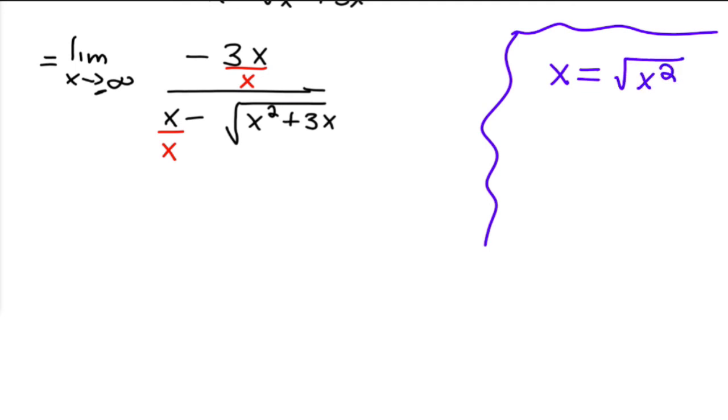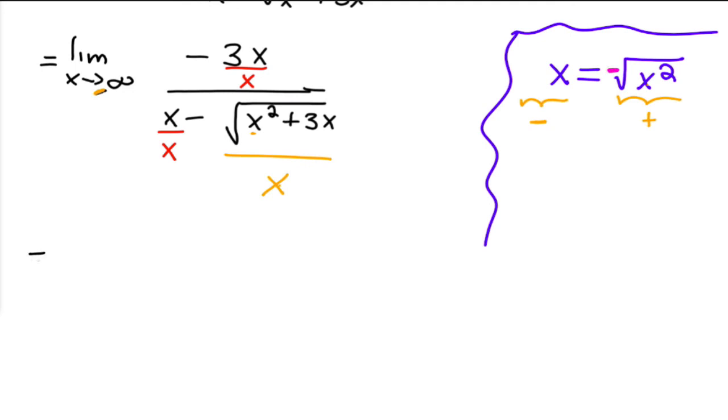The issue though is that because I'm going to negative infinity, this guy right here is negative, but this guy is always positive. So if I'm dividing the whole thing by x and want to bring this inside as square root of x squared to make these equal, I have to bring out a negative outside of here.